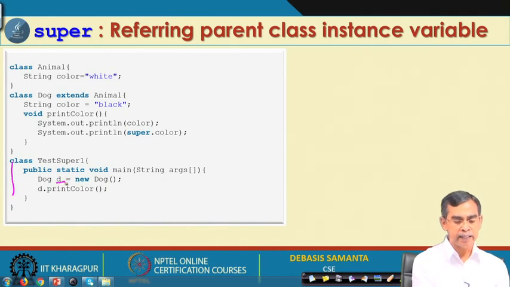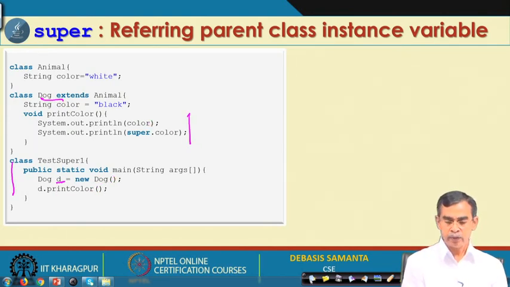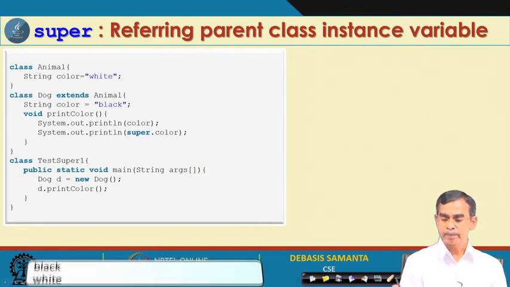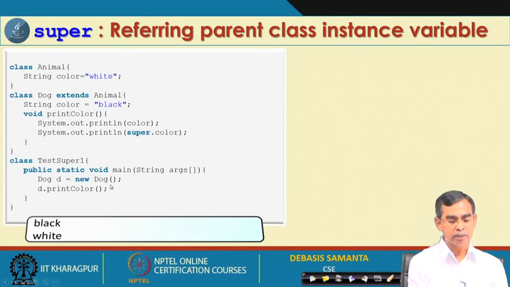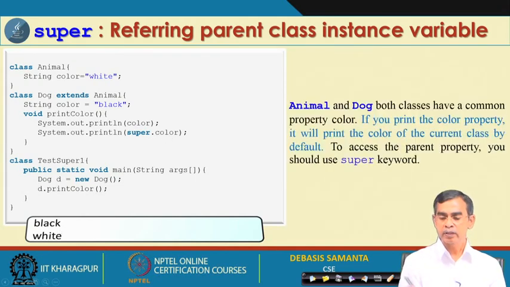Here D is an object of this class, and D dot print color is called, and it will show an output which looks like this. The output is black first, because of this one, and then super color, white. So, these are the two outputs. This is the concept that the super keyword is used to reference the parent class instance variable.